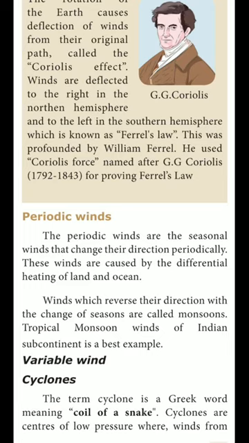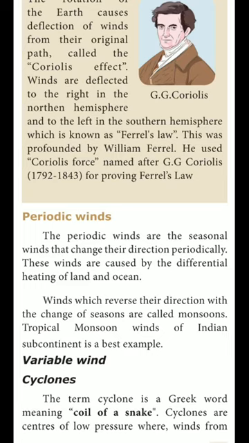So under this variable wind, the term cyclone is a Greek word meaning coil of a snake. Cyclones are centers of low pressure, where wind from the surrounding high pressure area converges towards the center in a spiral form.